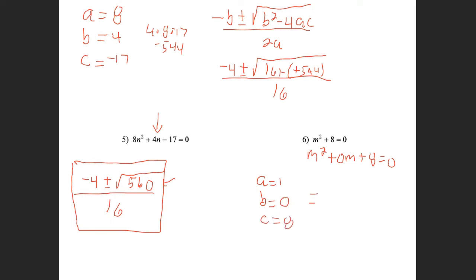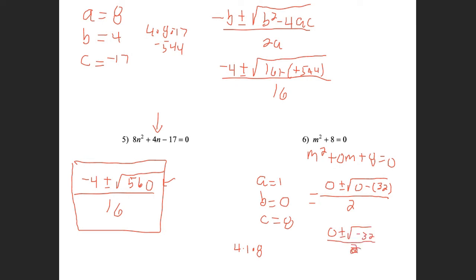So if I'm going to solve this, negative b, that's 0, plus or minus the square root of b squared, well, that's 0, minus, okay, 4 times a times c. So that's 32. All over 2 times a, which is 2 times 1. So now I end up with 0 plus or minus the square root of negative 32 over 2.